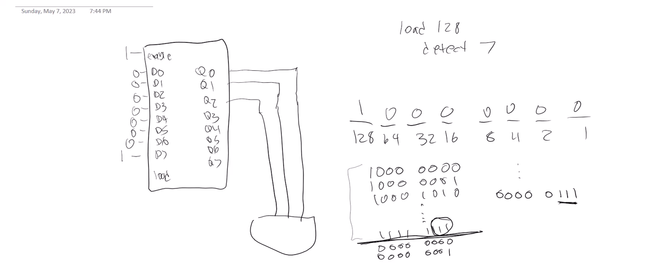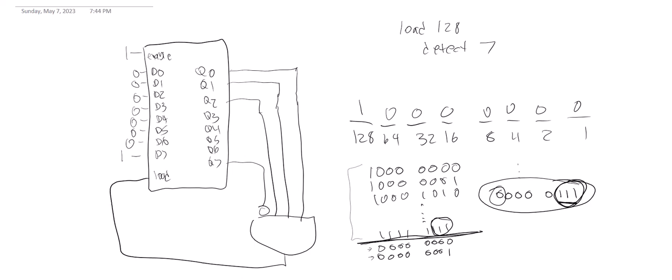And then we get to 0 and we have a 0. And then as we count up to 7, this number is the first place that has 3 1s here and a 0 here. So I could then have this be my load condition.